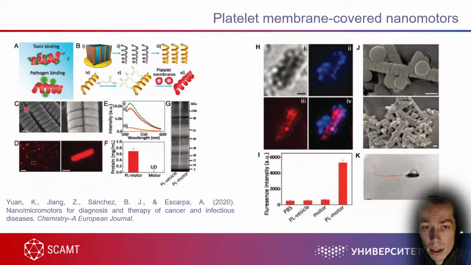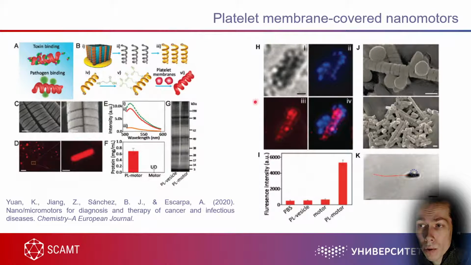So this is uncovered spirals, and this is covered spirals. And if you add some additional staining for the membrane, you will see that this spiral is entirely covered in platelet membrane.